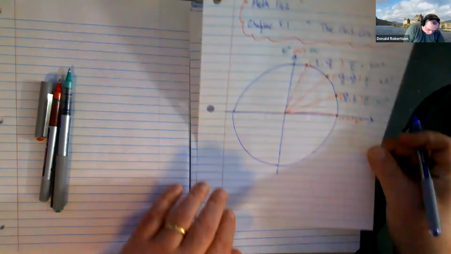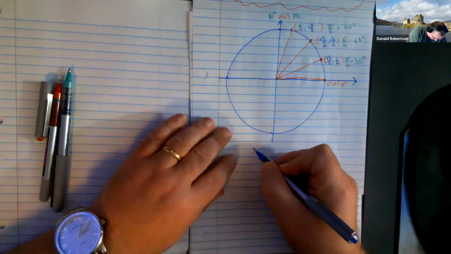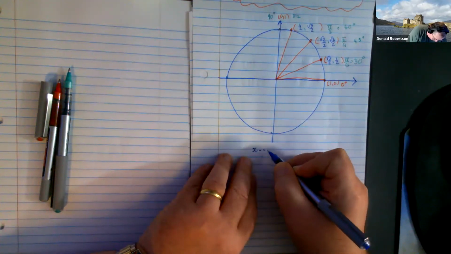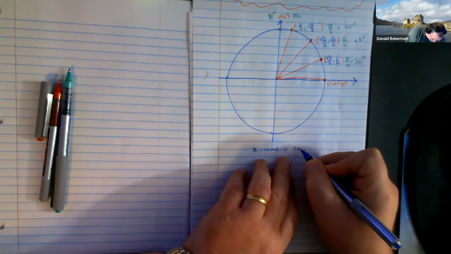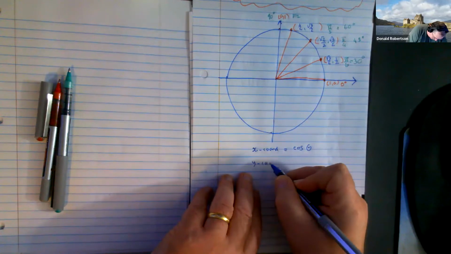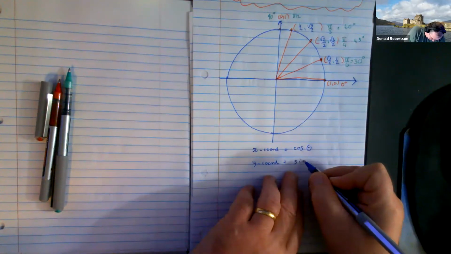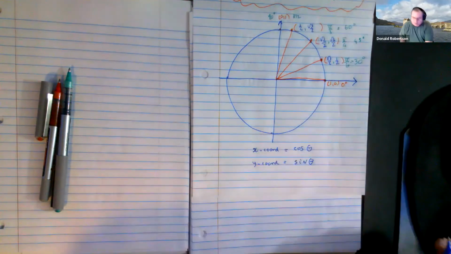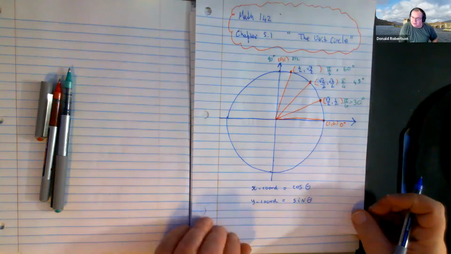Now, what we can tell from a coordinate is that the X coordinate of any point is the same thing as the cosine of the angle, and that the Y coordinate of any point is the same as the sine of that angle in a unit circle. Agreed? You remember that?